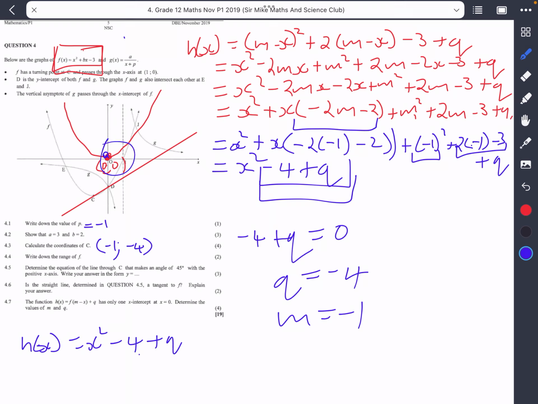So what I'm going to do is substitute that coordinate there. So in this case, I would have 0 being equal to 0 squared minus 4 plus q. As you can note, this becomes a 0, this becomes minus 4. I transpose it, and that gives me q being negative 4.